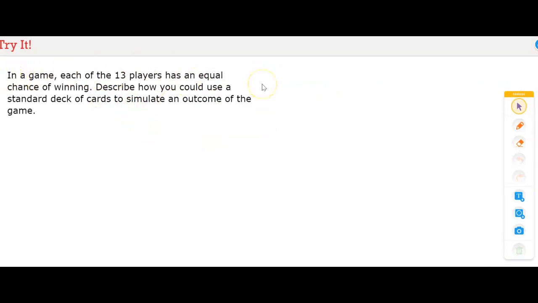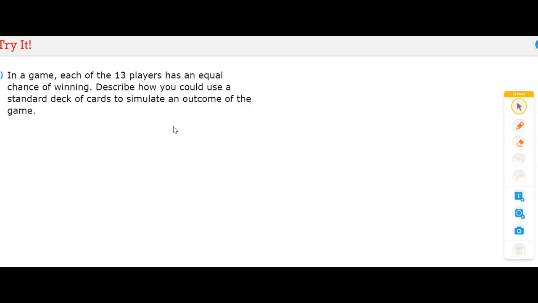In a game, each of the 13 players has an equal chance of winning. Describe how you could use a standard deck of cards to simulate an outcome of the game. One way you can describe it: a deck of cards has face cards, ace, king, queen, and jack, and then you have your number cards. You could assign each of the 13 players one of the cards.